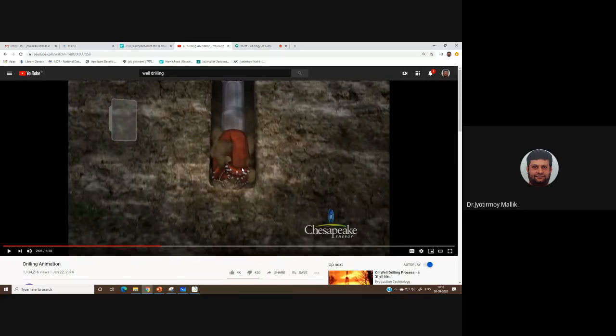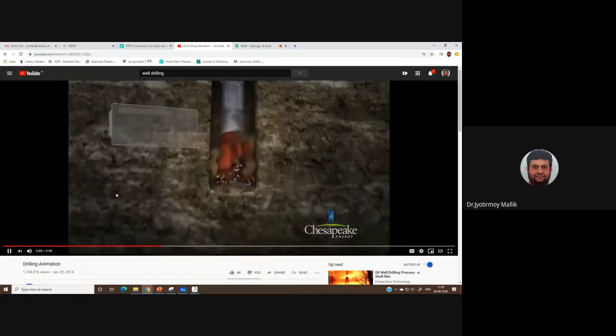Of course, there must be a circulation of the cuttings, and also the pressure needs to be maintained. Hence, it is drilled with some sort of mud. Mud is made out of oil mixed with clay or water mixed with clay. So it's a mixture of clay and oil or a mixture of clay and water. And that is what is pumped simultaneously with the drilling process. And the operation goes on.